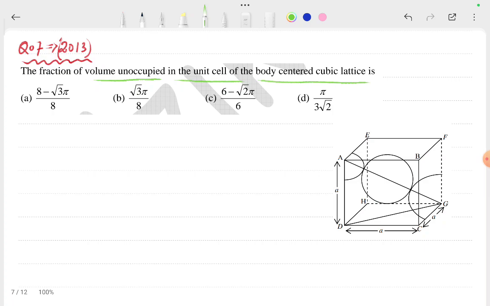So here it asks you the fraction of volume occupied in the unit cell for body center.